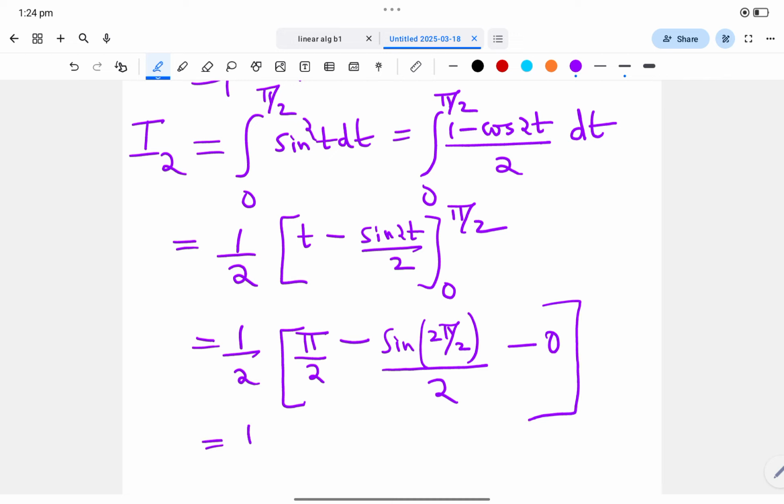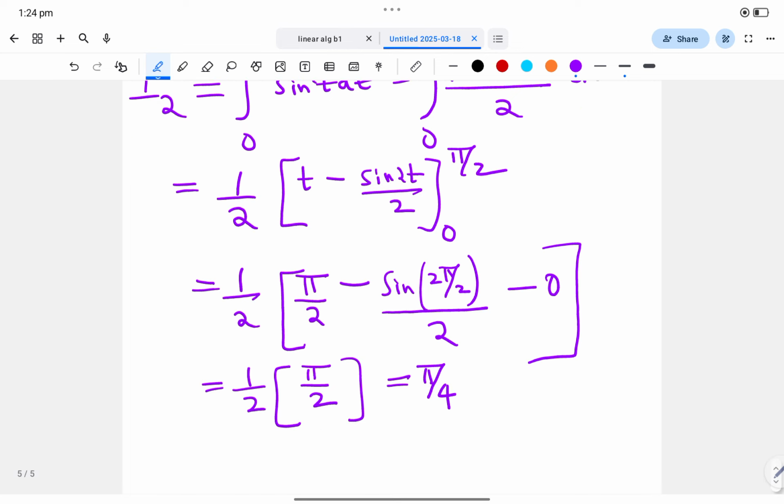So this is equal to 1 by 2 into (pi by 2 minus sin pi by 2). Sin pi is 0 again, so this is equal to pi by 4. So we obtained the value of the integral I2 as pi by 4. This is our second result. Now let us calculate the third integral.